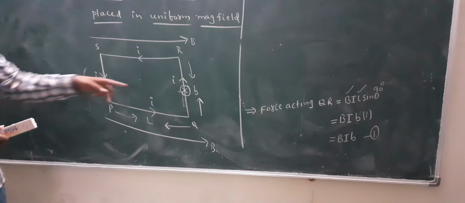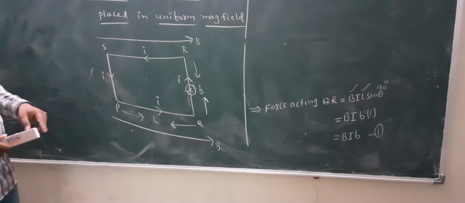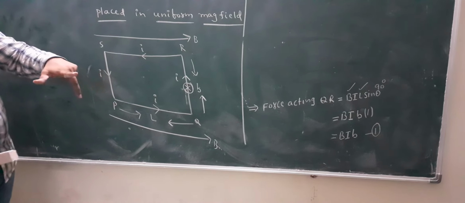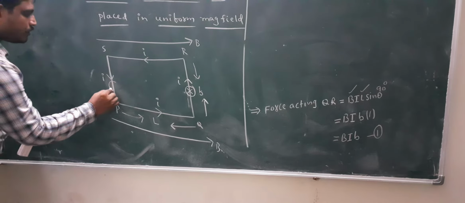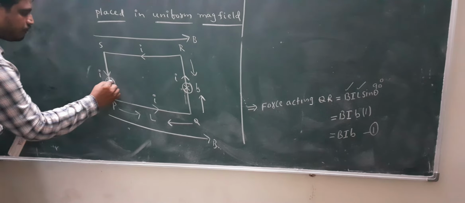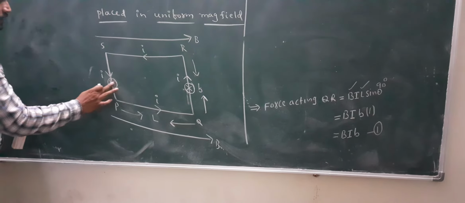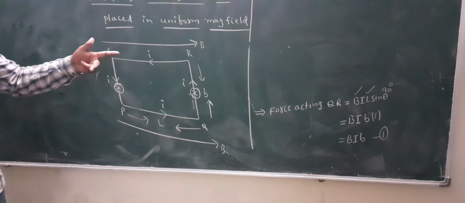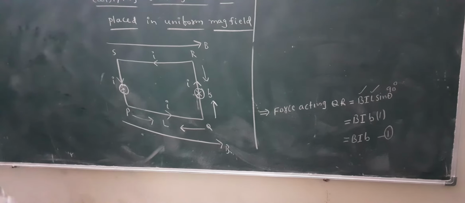Here the current direction is reversed, that means downward. The thumb indicates outward. The thumb indicates the direction of force. Force direction is outward. What rule? Fleming's left hand rule.